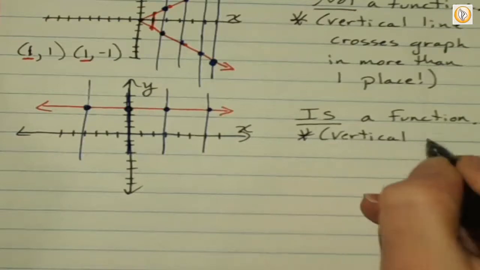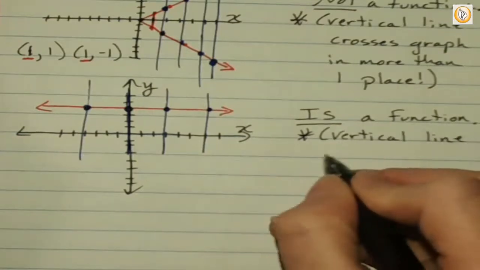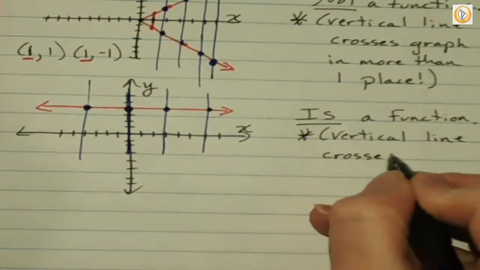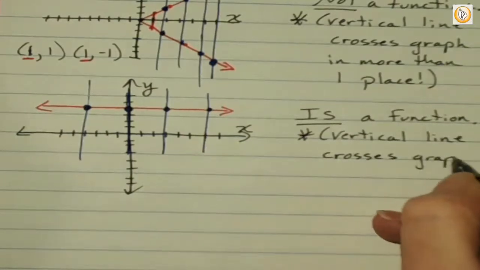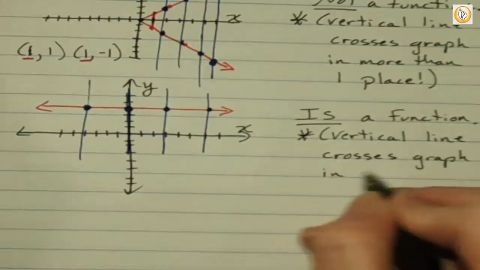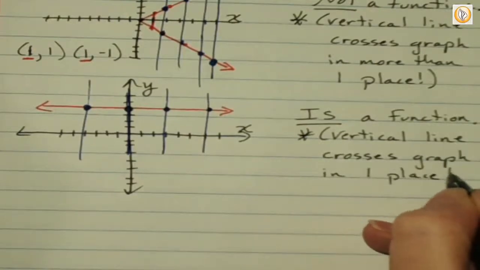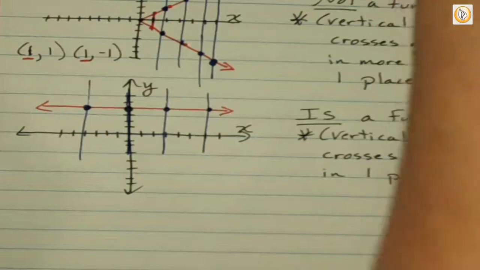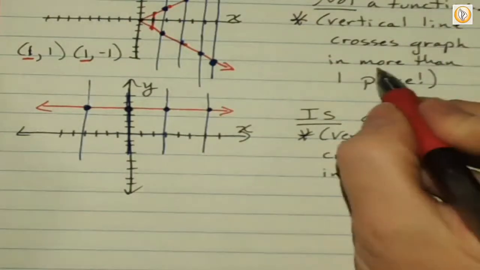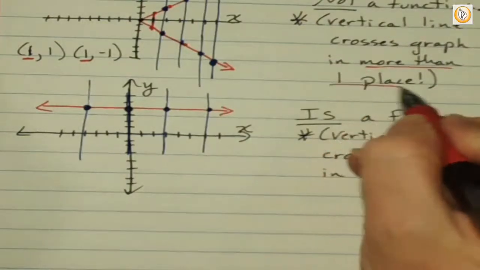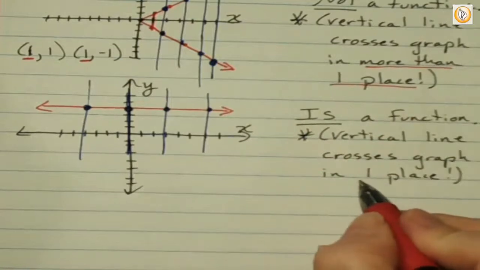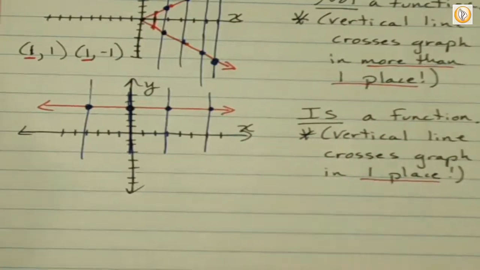Vertical line crosses graph in one place. Up here, this was more than one place. Here, it's just one place.